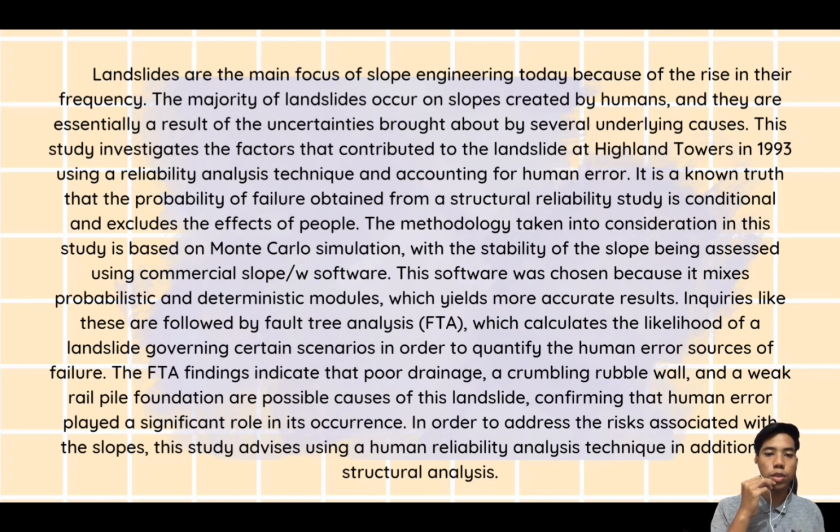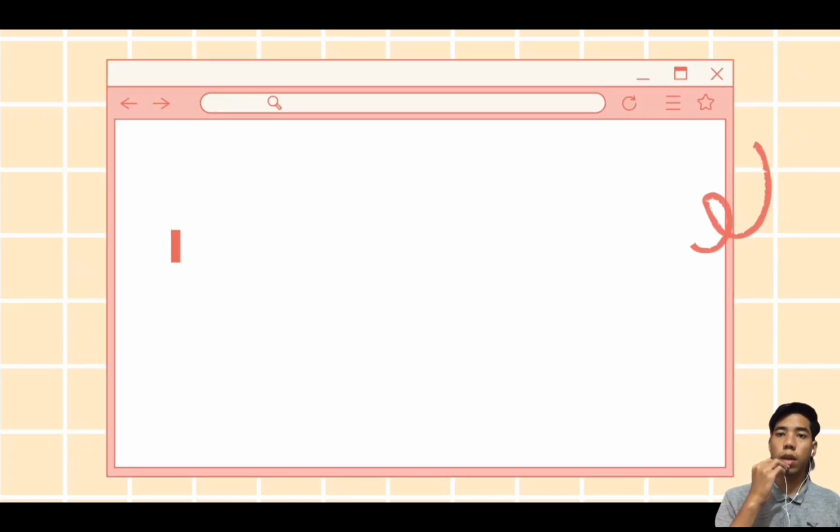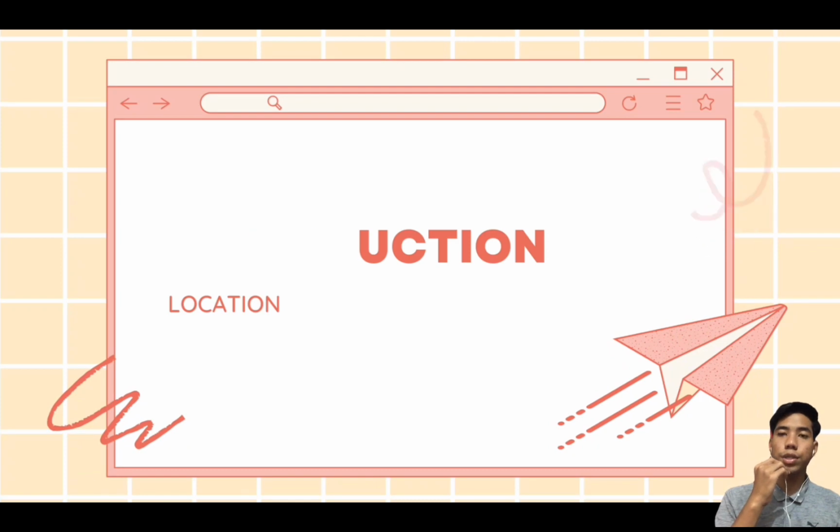In order to address the risks associated with the slope, the study advised using a human reliability analysis technique in addition to statistical analysis. Next is the introduction.